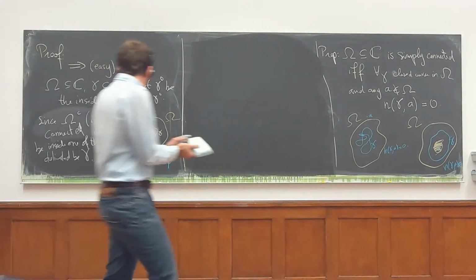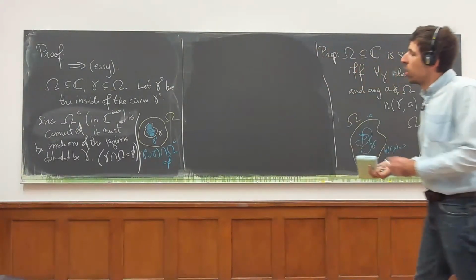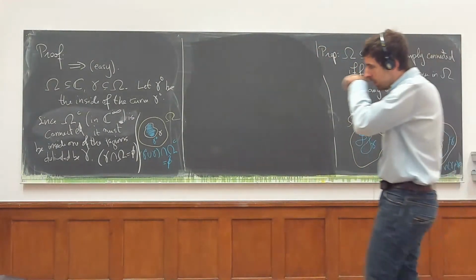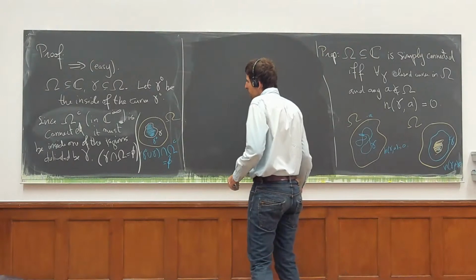Okay. Now, so omega complement needs to be in one of the regions delimited by the curve gamma, right?